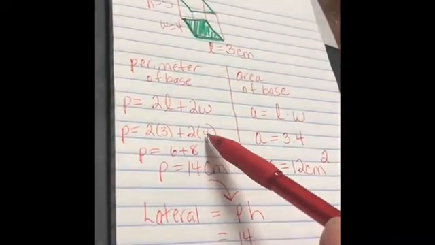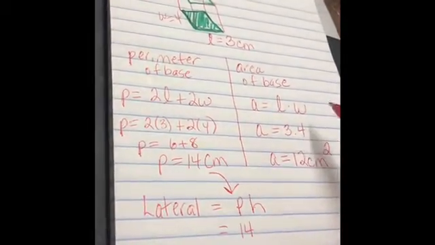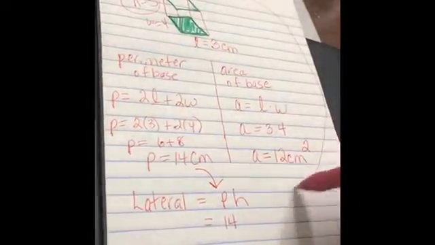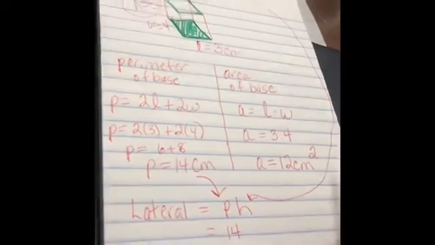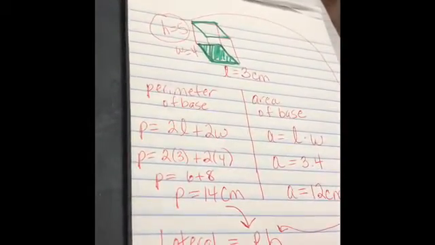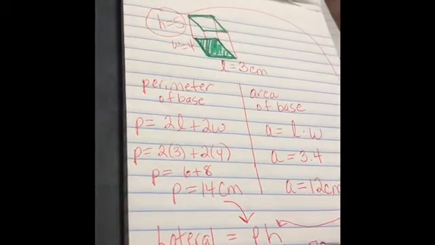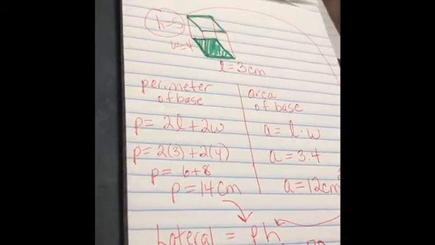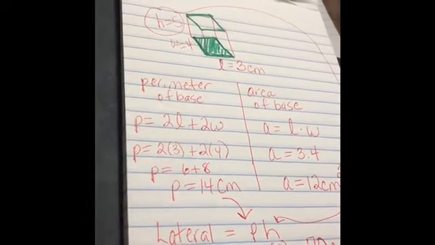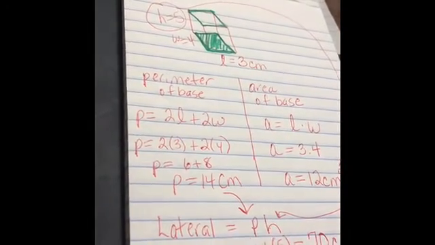Like you used 3 and 4 already. So the only number you haven't used is H for the height. So you're going to use that right there. So 14 times 5 is equal to 70 centimeters squared because it's area, right?